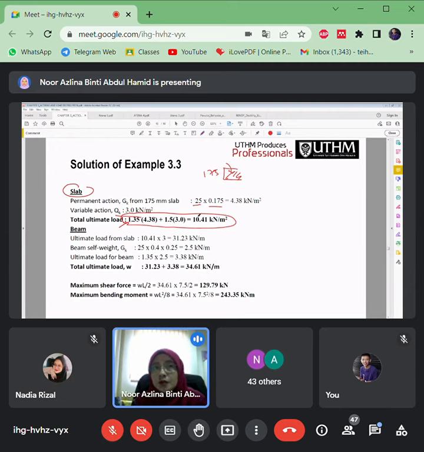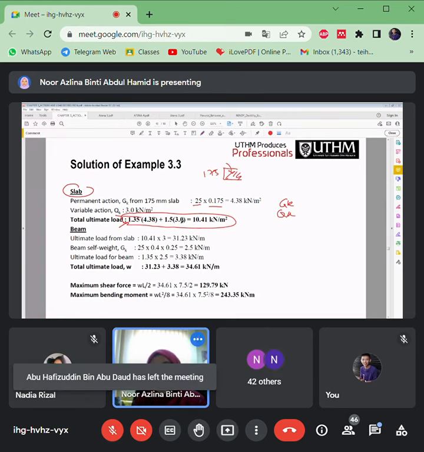If you want to do the calculations, you can just use the original GK, QK, without multiplying with the safety factor, and at the end multiply with the safety factor. But in this example, it's already multiplied with the safety factor first.